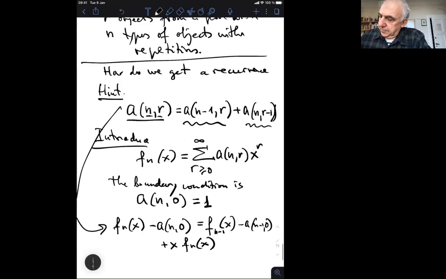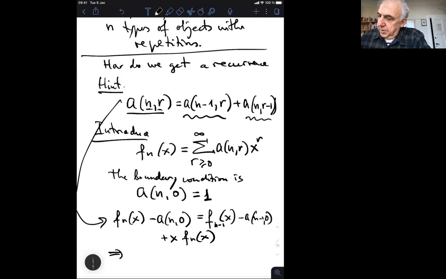In other words, using our boundary condition as well, we'll get f_n of x equals f_{n-1} of x divided by 1 minus x.